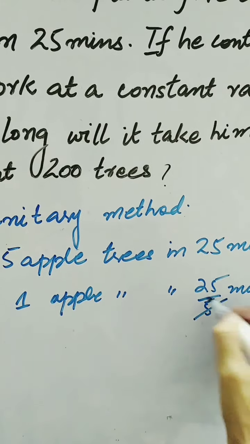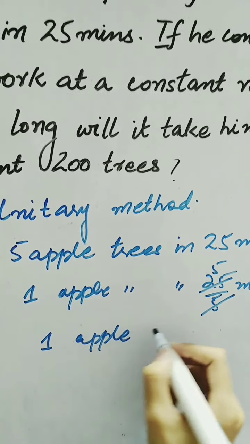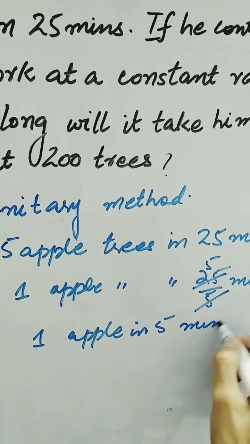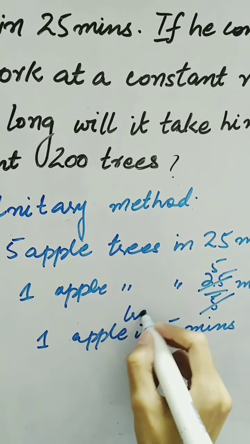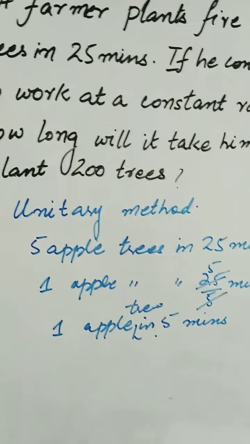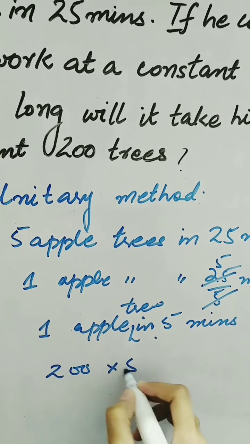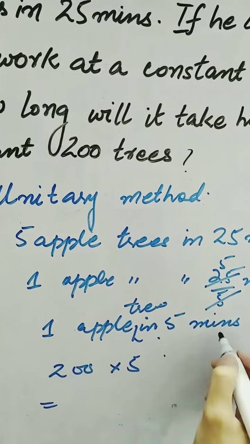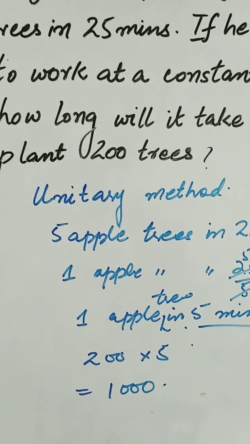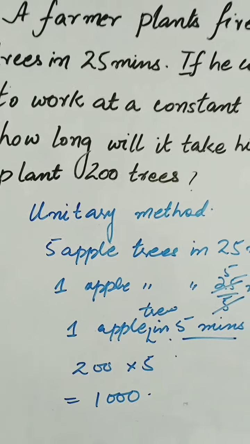Now we have data that one apple tree will be planted in 5 minutes. Now, for 200 apple trees, we have to multiply 200 with 5, so we get the number of minutes, which is equivalent to 1000. So a farmer plants 200 trees in 1000 minutes.